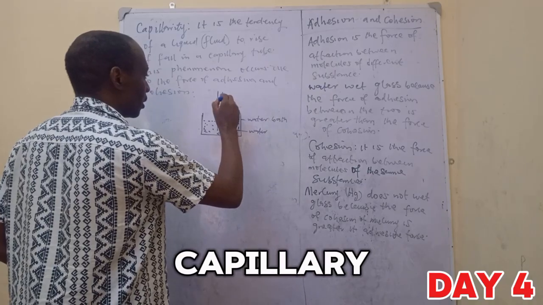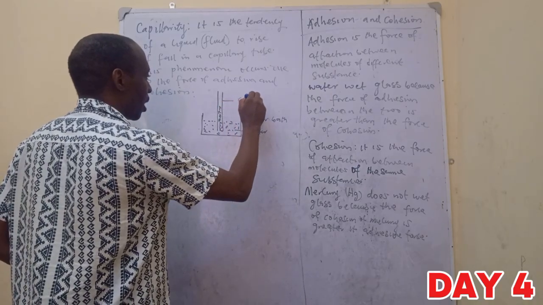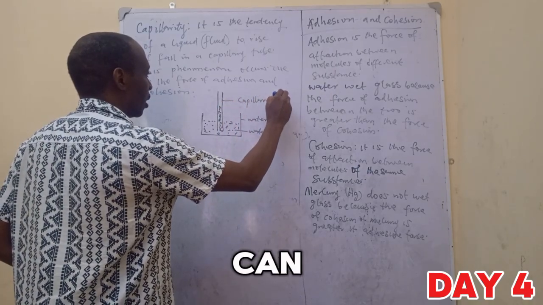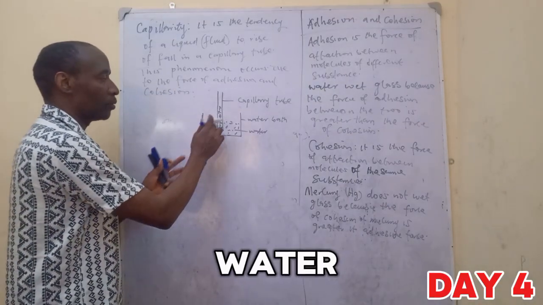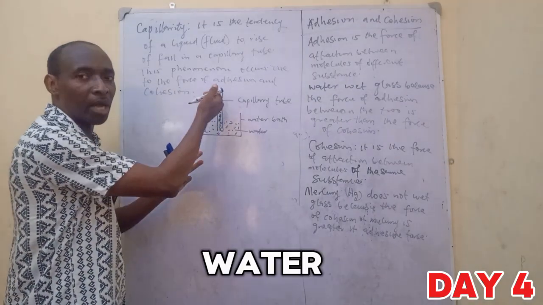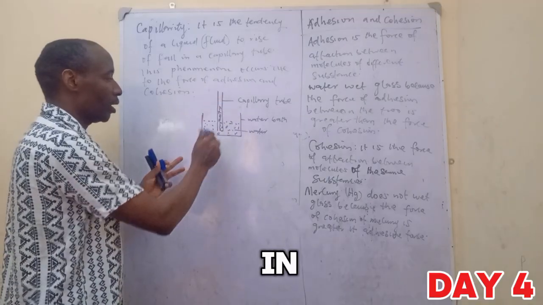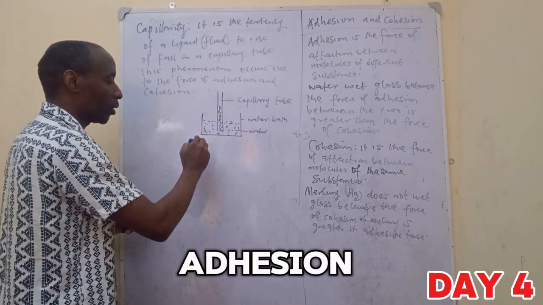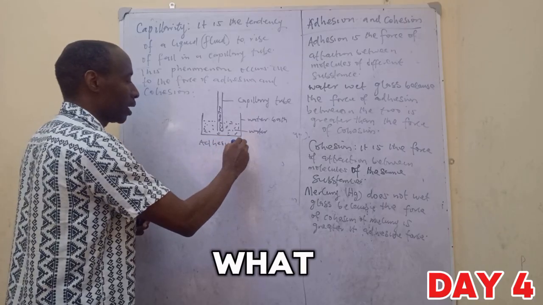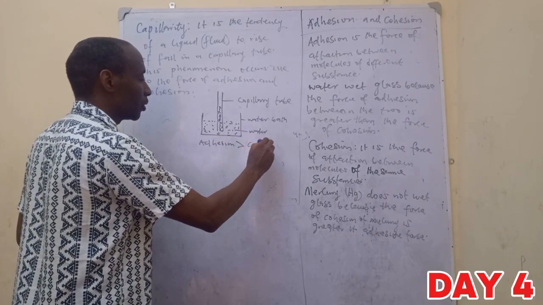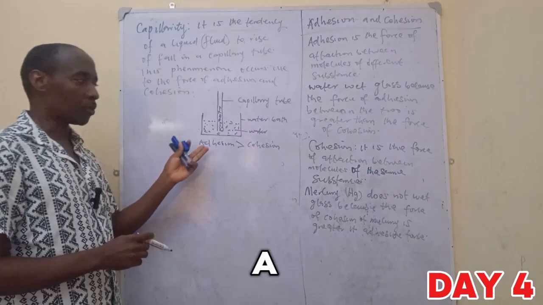This is a capillary tube. In this case, you can see water rise in this capillary tube, because the adhesion is greater than what? Cohesion. That's why water rises in a capillary tube.